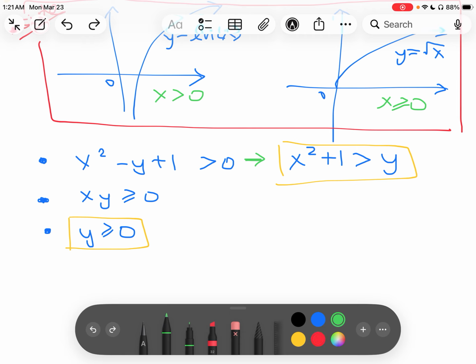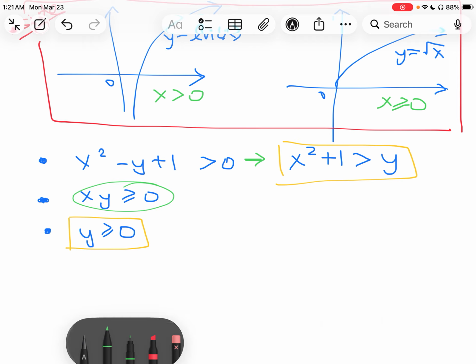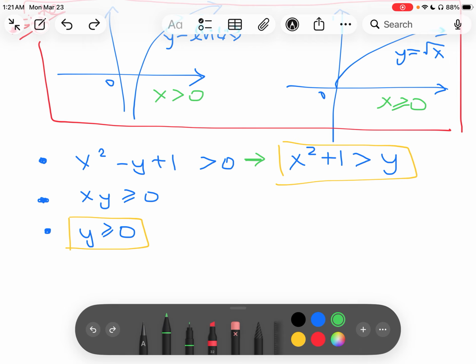Since y has to be greater than or equal to 0, if y is equal to 0, then the whole thing equals 0 because we multiply. But if y is positive, we can divide both sides by y, so we have x greater than or equal to 0.